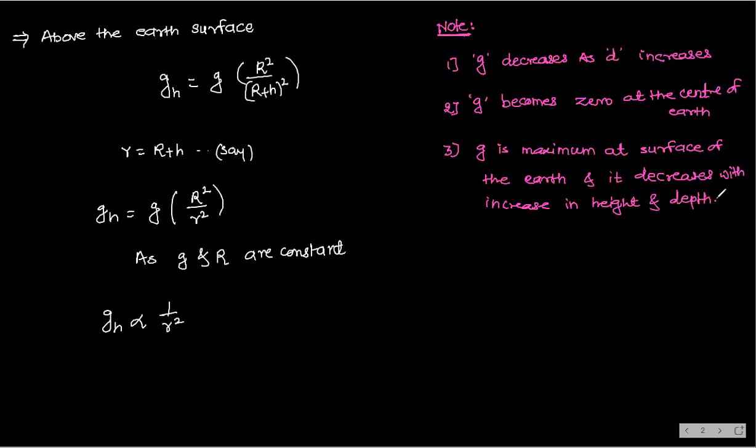Agree with me? As you are going above the earth's surface, gravity will decrease. As you are going below the earth's surface, gravity is decreasing. Agree or not? Tell me.